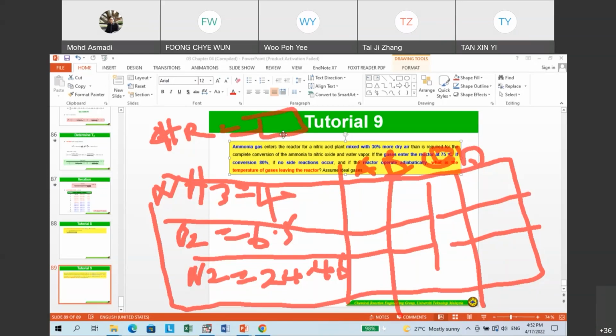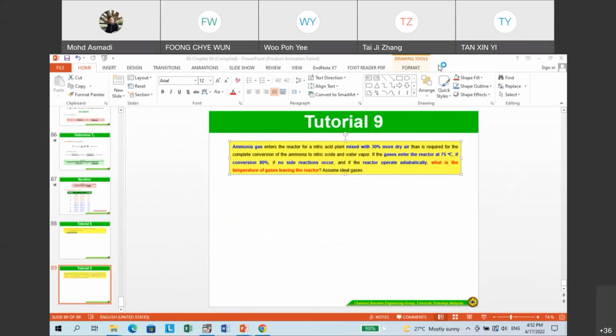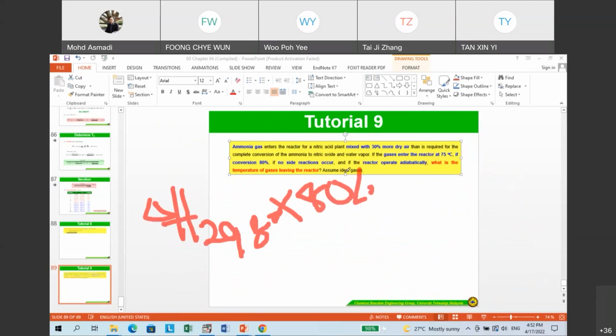For delta H298, oxygen is equal to 0, and NH3 plus oxygen produce NO and also H2O. You can get the value of delta H298. So please remember, since the conversion is equal to 80%, you have to multiply delta H298 by 80% to get the actual delta H298.